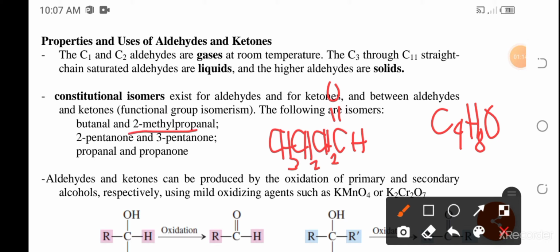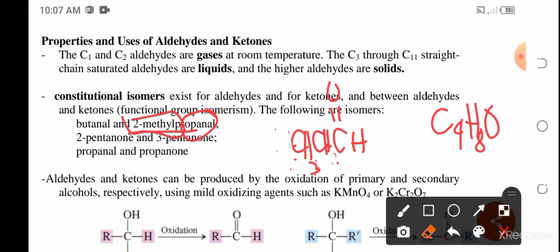For 2-methyl propanal, prop means there are only 3 carbon atoms. So let's erase one carbon here. So the parent chain has 3 carbon atoms. This one will become 3. So that's propanal. However, on the second carbon atom it has an attachment of a methyl.